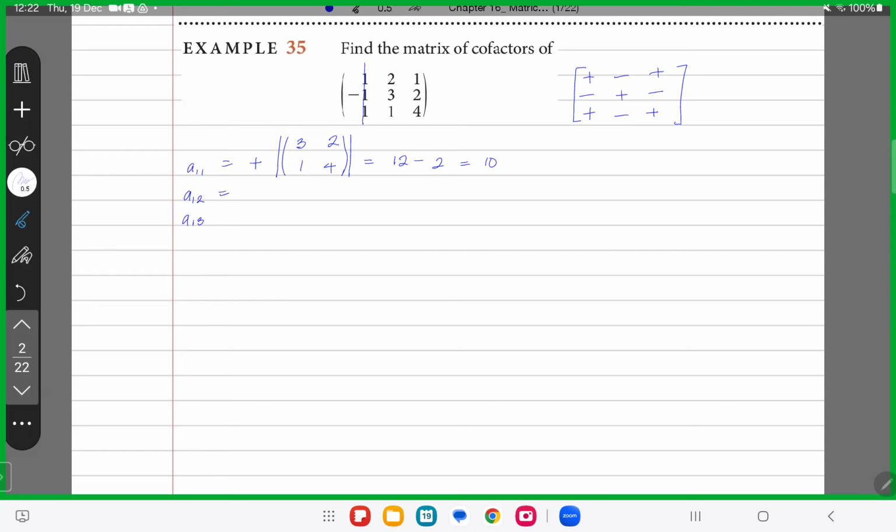Second element in the first row. Again, we're going to ignore the first row and the second column, with a minus sign, and find the determinant of the remaining matrix.